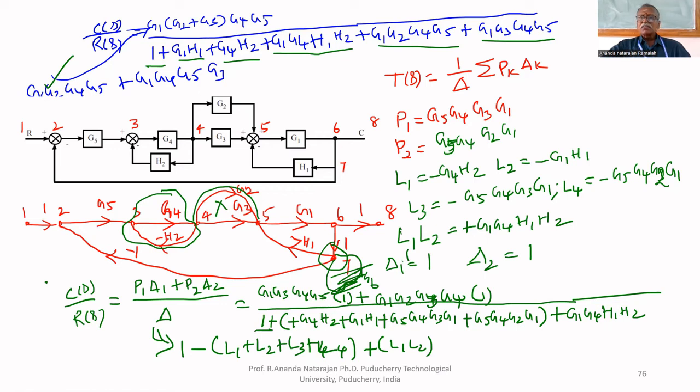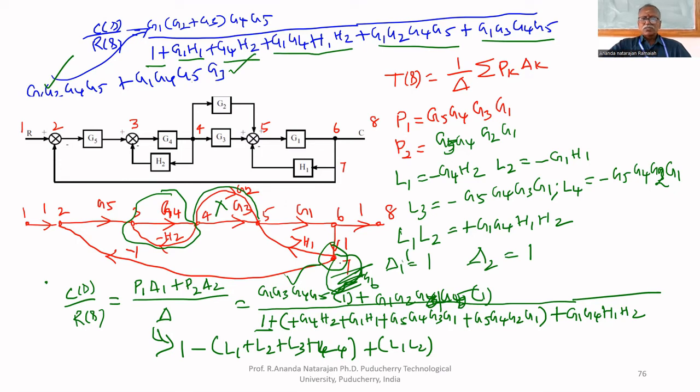G5, G4, G3, G1. Right, this is correct. This is G5, G4, G2, G1. Okay, now check. G1, G4, G5, G3. Yes, this is coming.